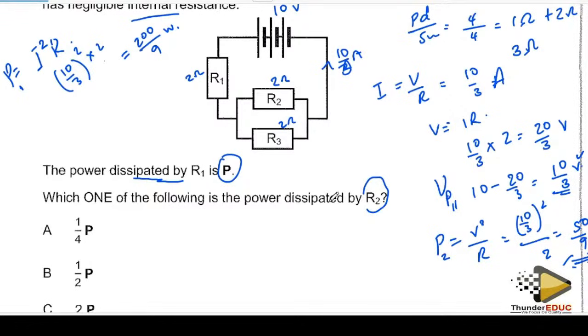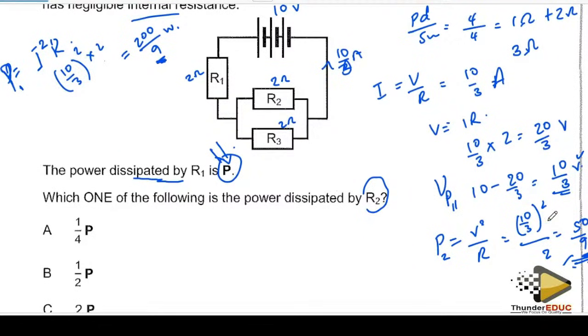Okay, so the question is, how does this relate with this? Remember, R1 is the same as P. How does this 200 over that relate with that?